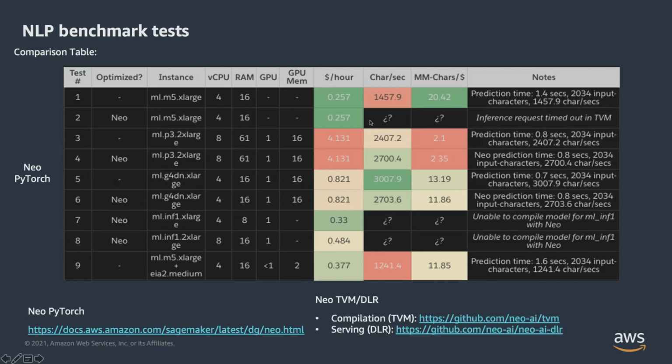Later on, you can bring this table again to your stakeholders to talk about what you're most concerned about for this project. It could be the cost, it could be per one second how many characters you can run through, and different options or different concerns that you have with your team, so that you can talk through with this table, and then you will know which type of instance would be your best choice for your project.